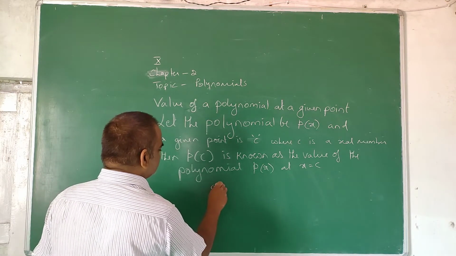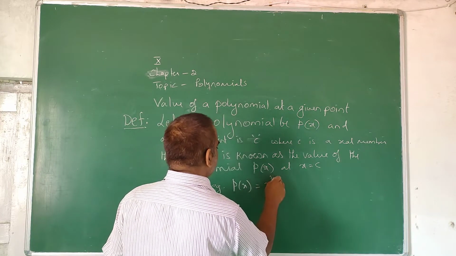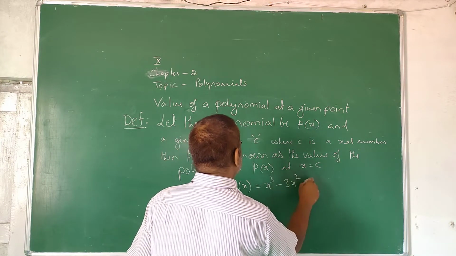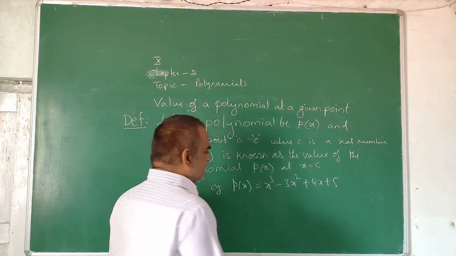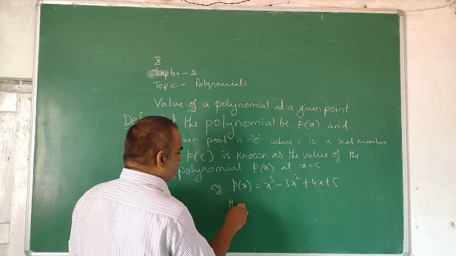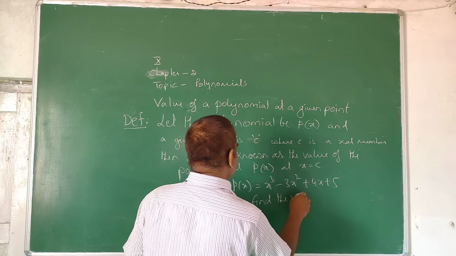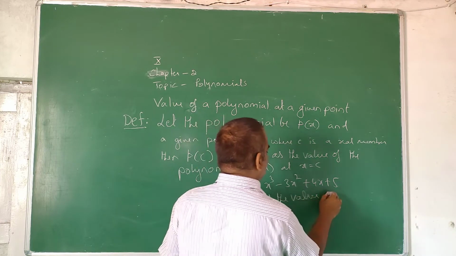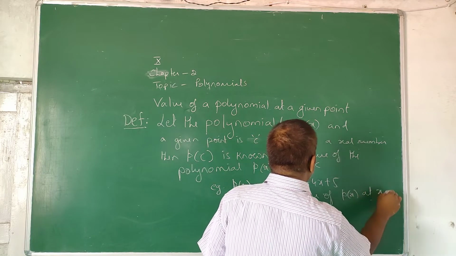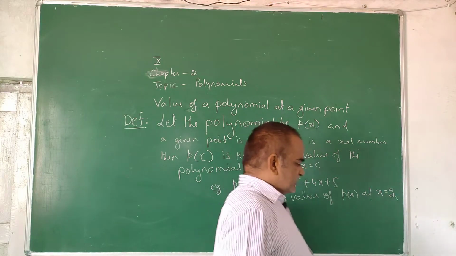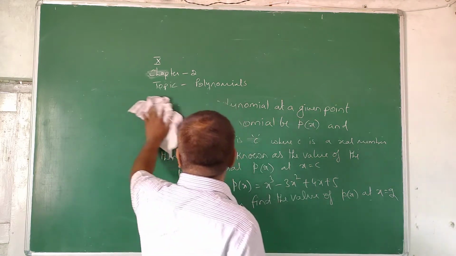Example: suppose p of x is equal to x cube minus 3x square plus 4x plus 5. So this is p of x. Then find the value of p of x at x is equal to 2. This is a question, as well as an example for this definition.